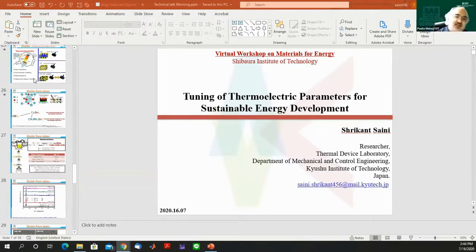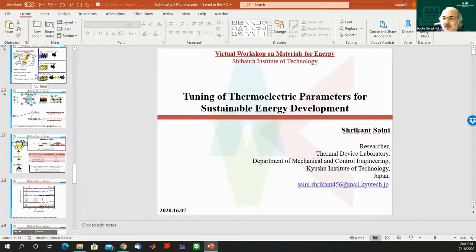We did some of the work on this, but I did not show it here, like multilayers, and some of the results we did, but there is still a lot we can do using the different nanostructures we can implant in this. Some of the results we already got were better, but I have not put them here. I just gave an overview of this. There is still a lot of work that can be done.